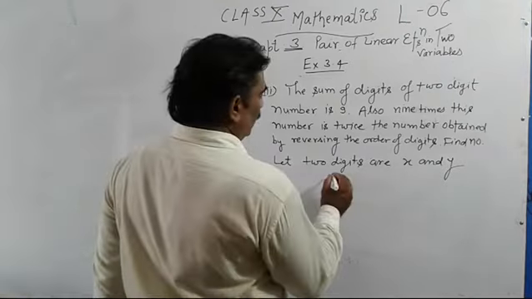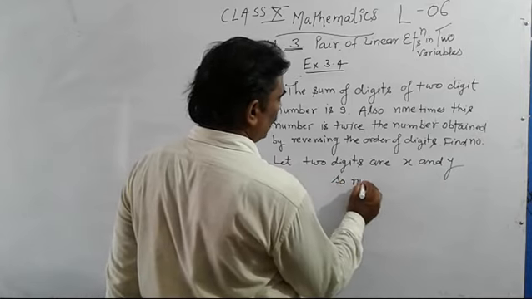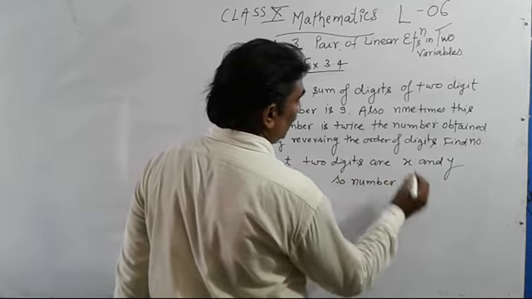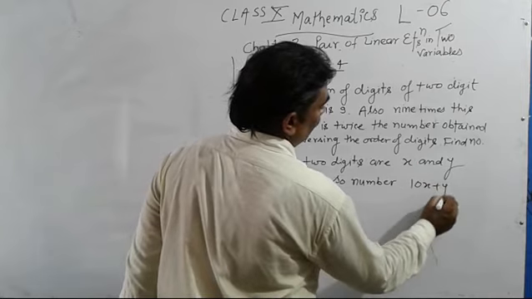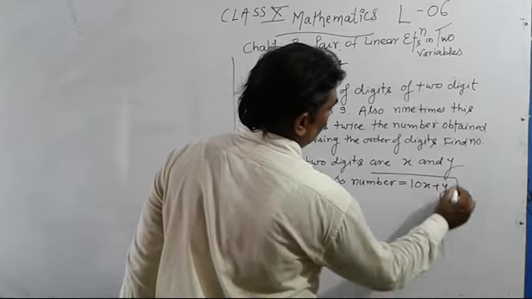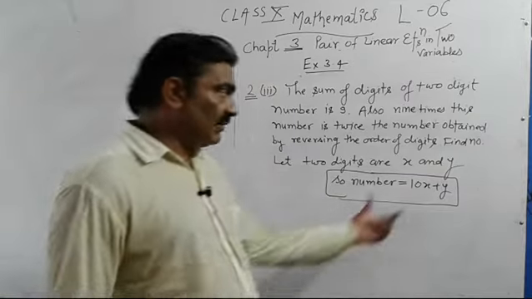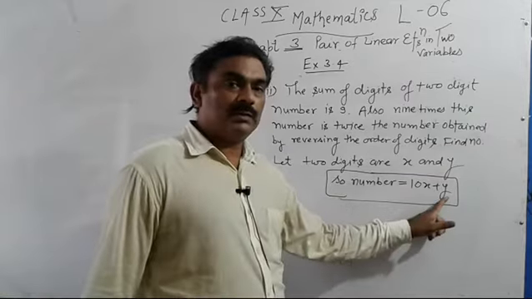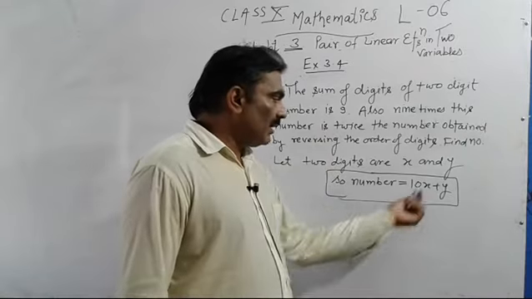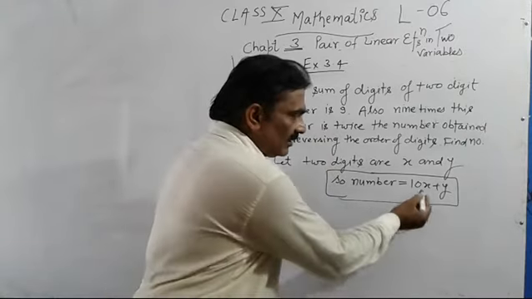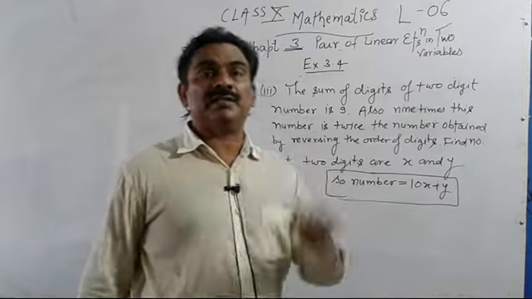First of all, the number becomes 10x plus y. Students, always remember we have to suppose the number in this form. Y shows the unit place of the number. X with 10 shows the 10th place of the number.